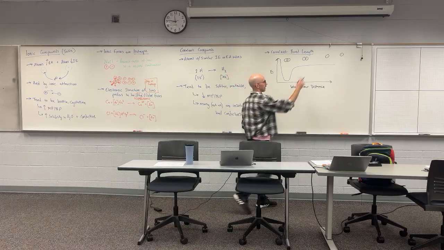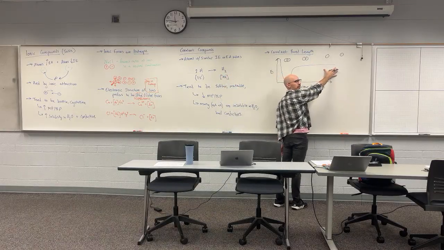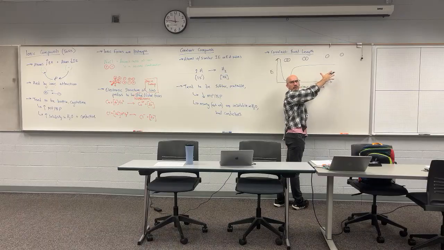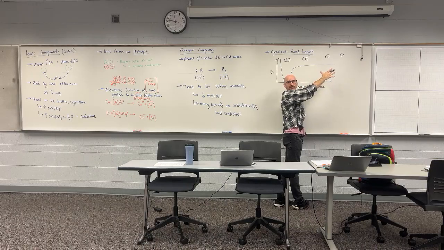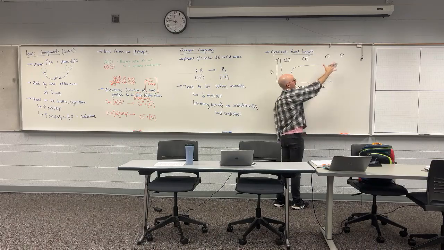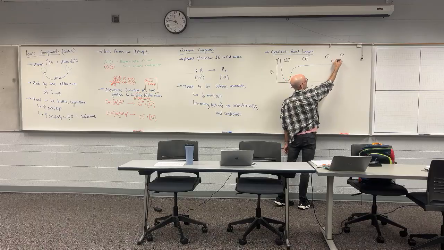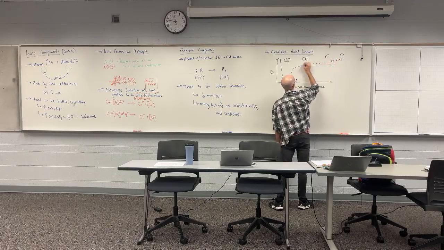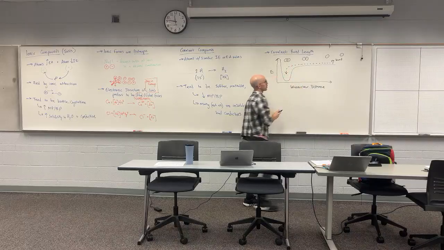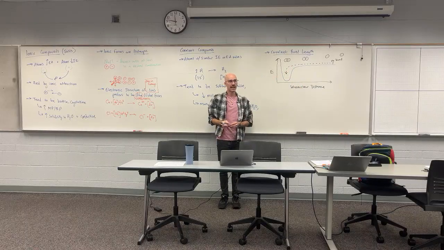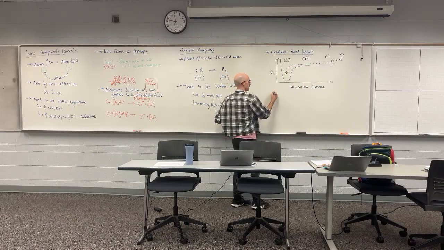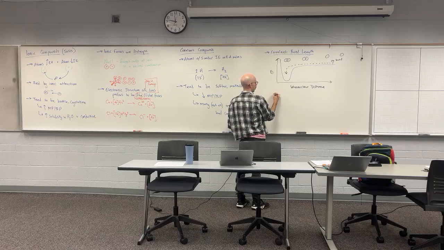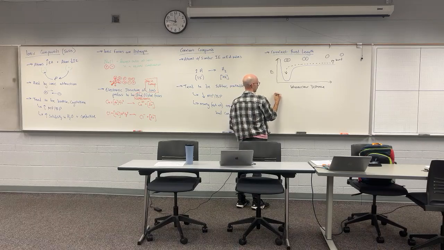So, out here, is there a bond or is there not a bond? There is not a bond out here. So imagine that I come from out here and I bring it into this energy well. Am I releasing energy or requiring energy?